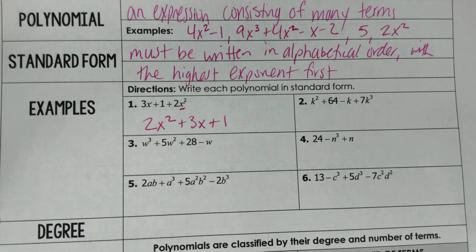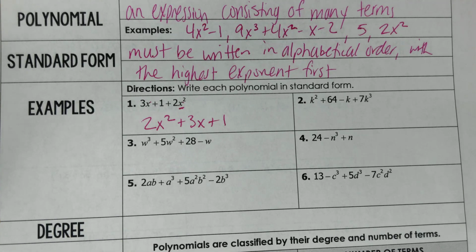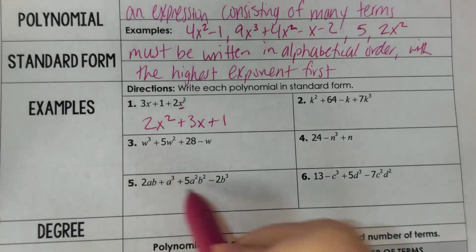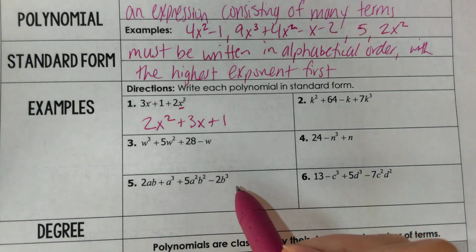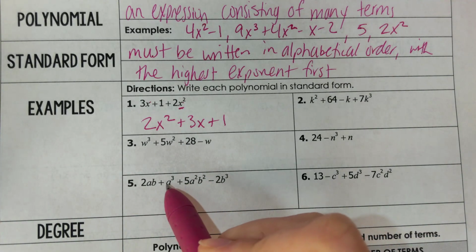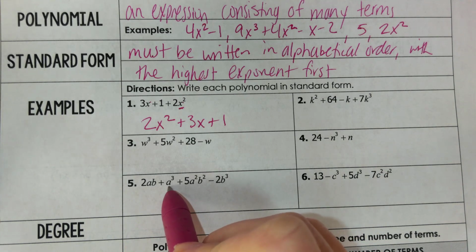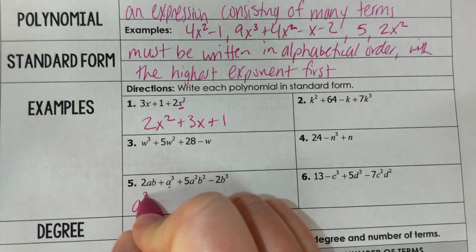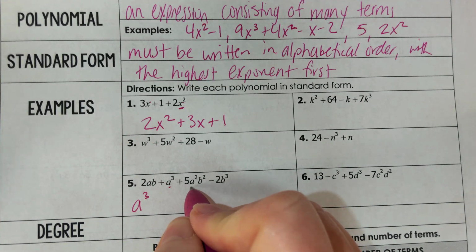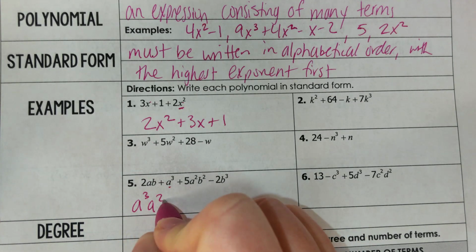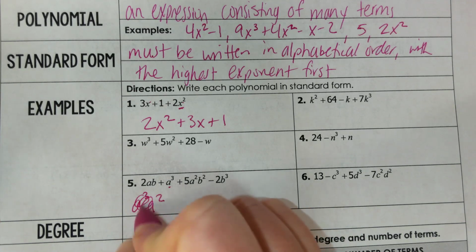Similar situation, let's look at example number 5. On 5 here, it's a little bit different because now we have multiple variables. So we're going to start with alphabetical order, which is a. We're going to start with the highest exponent of a, so a cubed. Then I'm going to go to the next highest exponent of a, which is a squared. Sorry, let me rewrite that.